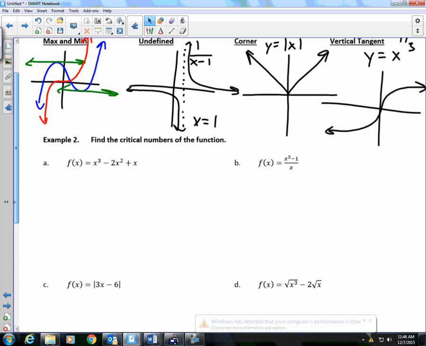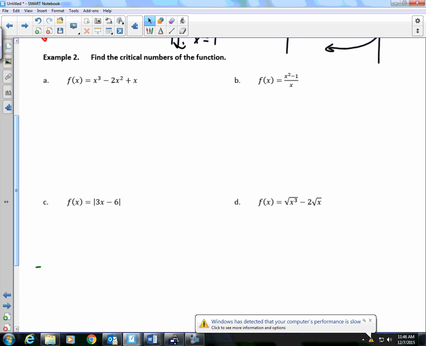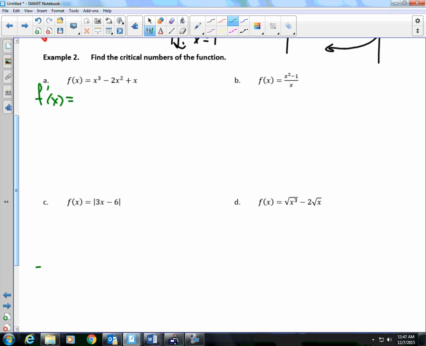So find the critical numbers of the function. How do we find it? We take the derivative and we set it equal to 0. So f prime of x is equal to, what's the derivative? 3x squared minus 4x plus 1, and we set that equal to 0. Does it factor? 3x minus 1 and x minus 1.